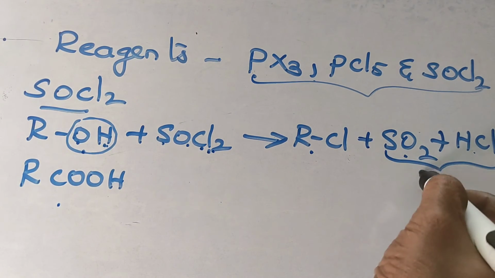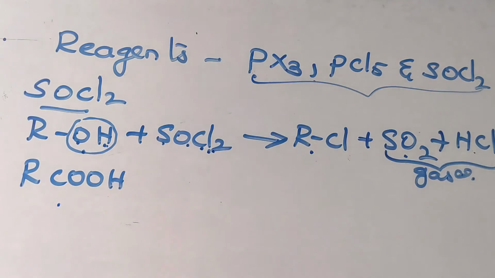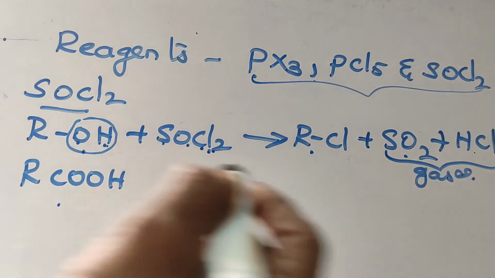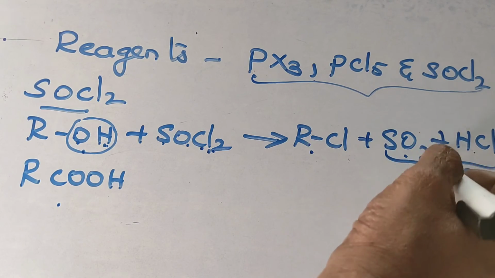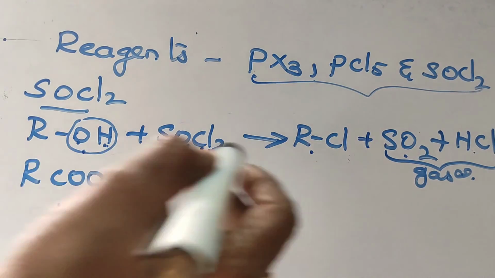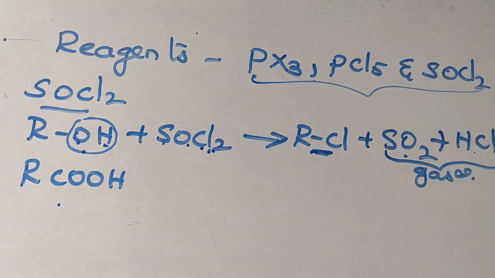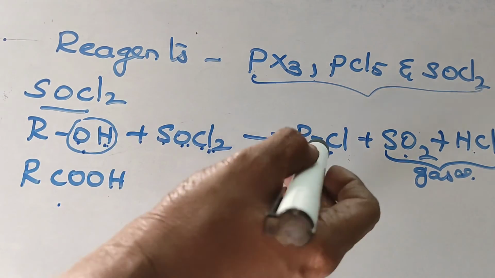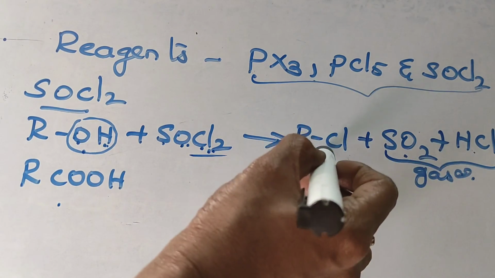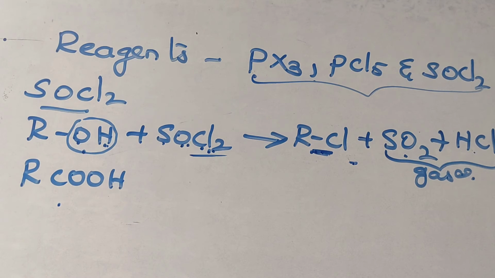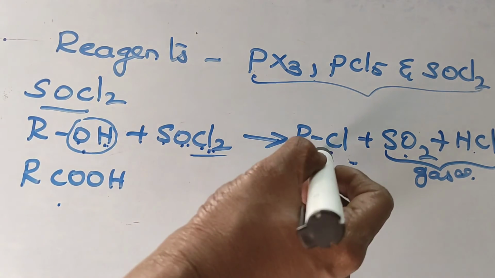These two are gases, so during its preparation they will escape. So RCl we can get in pure form in this reaction. So this reaction is the best reaction for the preparation of RCl. They may also ask the question: which is the best method to prepare RCl?